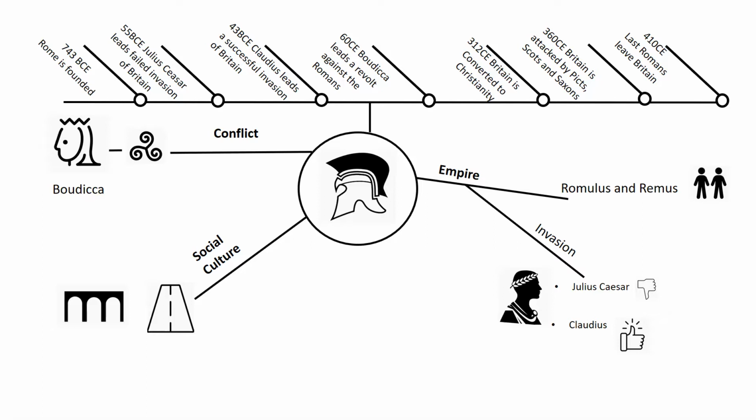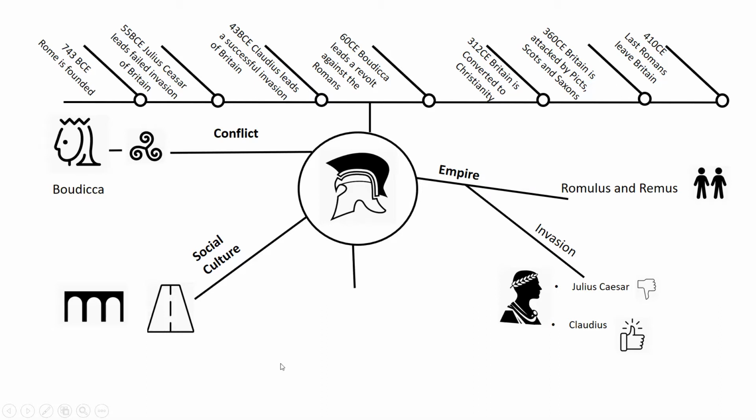They also built aqueducts and viaducts. The picture next to the road is a viaduct, and you will see many around today. There's one in Cornwall, and these can be used for trains going across them. Many of the words we use today actually come from the Romans.